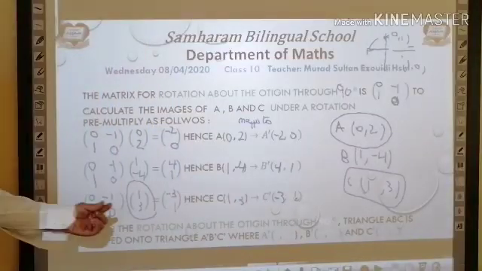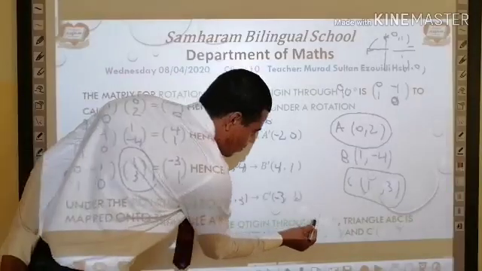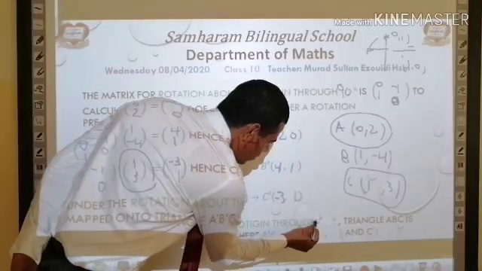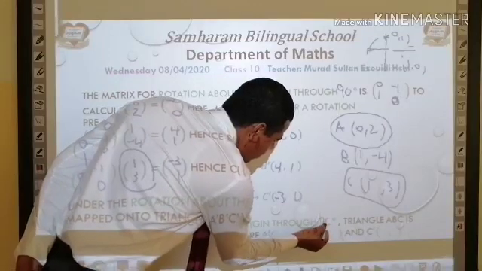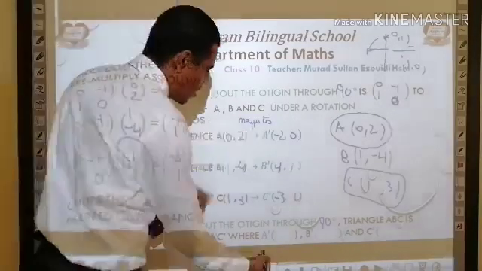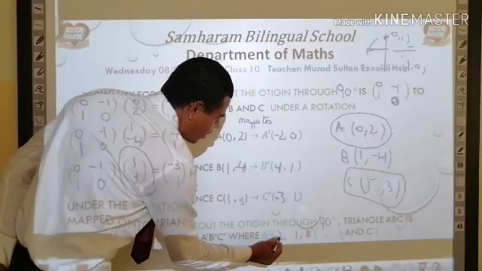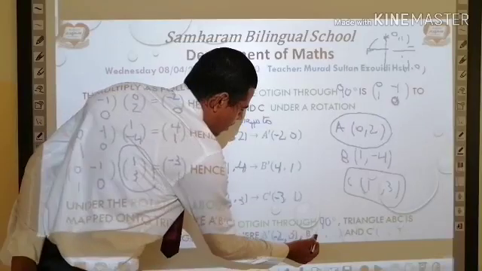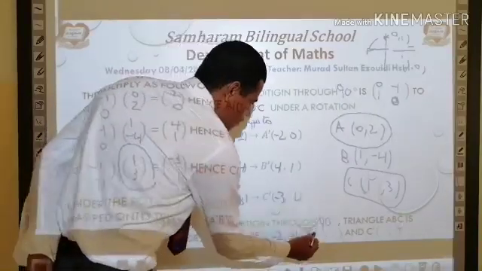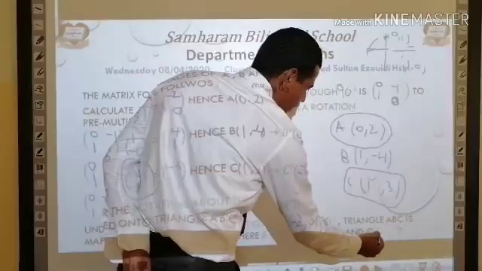Then, in the rotation about the origin through 90 degrees, triangle ABC is mapped into triangle A prime, B prime, C prime, where A prime has coordinates negative 2, 0, and B prime is 4, 1, and C prime is negative 3, 1.